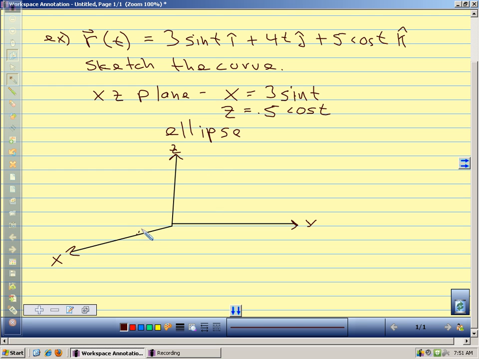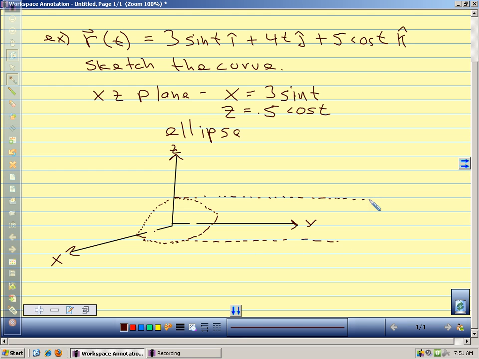So I'm going to have an ellipse that looks, it's not going to be a beautiful sketch, but here's my ellipse in the XZ plane, and Y can be anything.